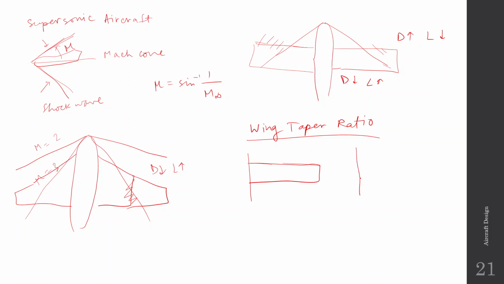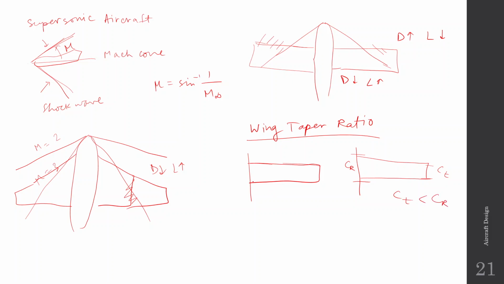Even if it is not a swept wing, the tip is usually smaller than the root. So CT is usually less than CR.